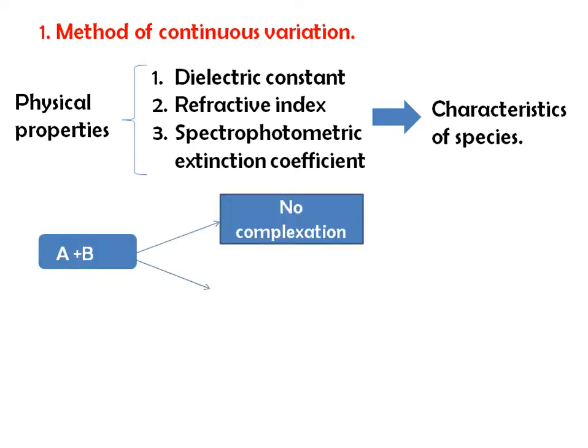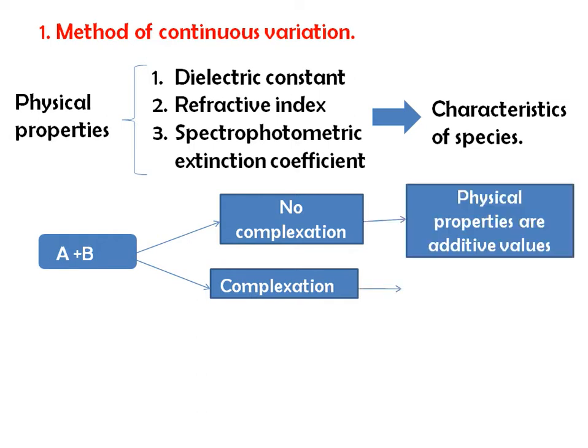Okay, A plus B: one is your drug and the second is your complexing agent. There might be two conditions: one, no complexation, and second, complexation. If there is no complexation, physicochemical properties are additive values. It means we'll get just the addition of these physicochemical properties if there is no complexation.